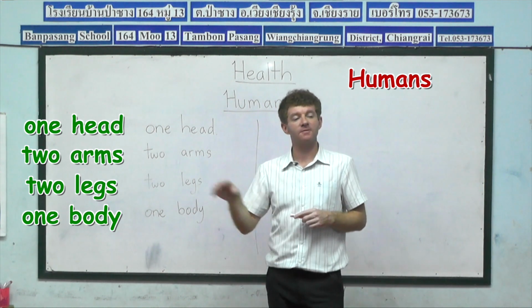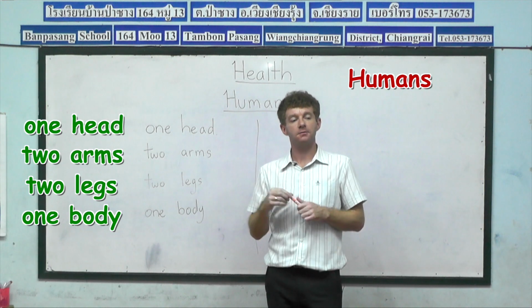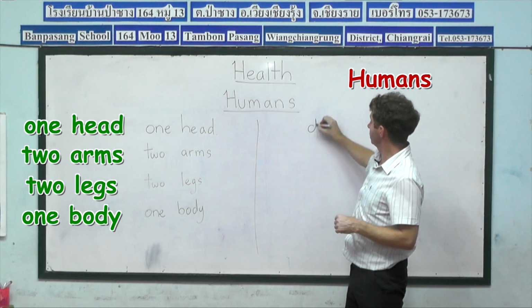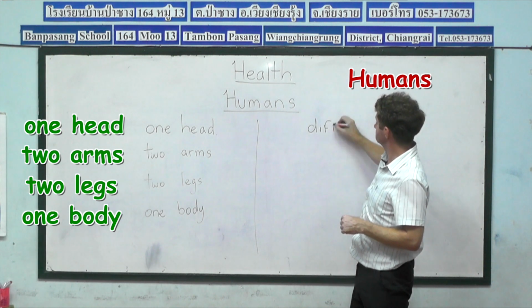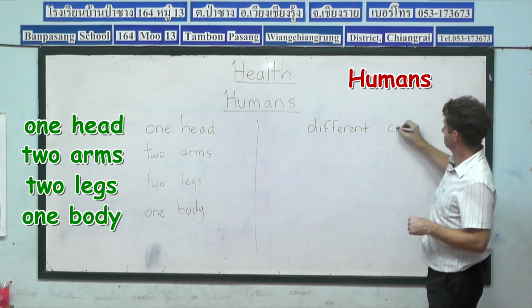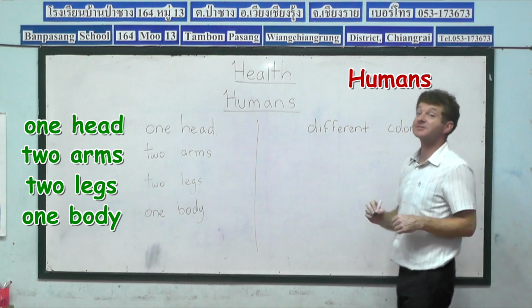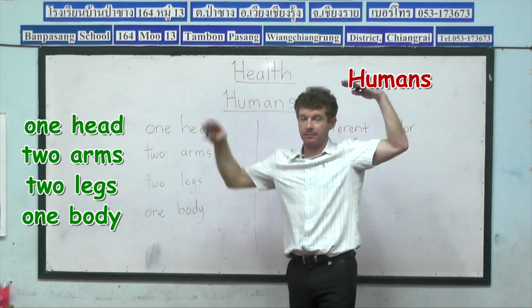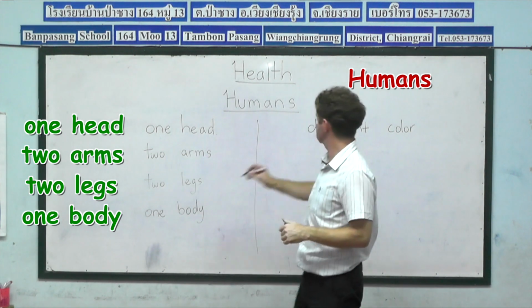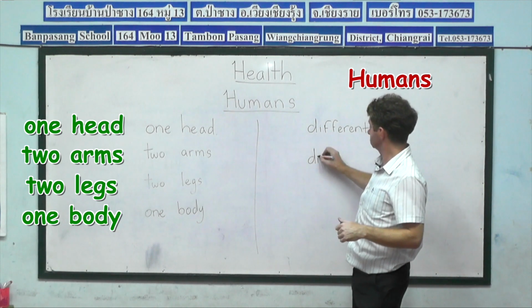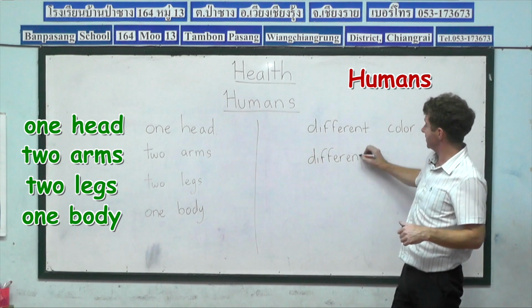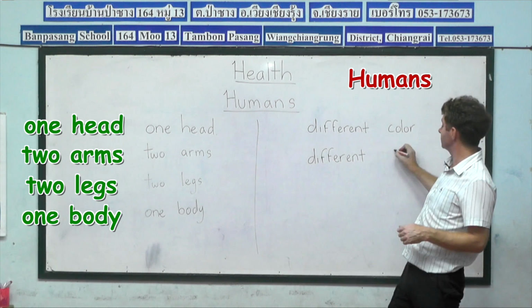How are humans different? Are we the same color? No, we can be different color. How about size? Are we all the same size? No, we are different size. And can anybody tell me anything else about humans that makes us different?